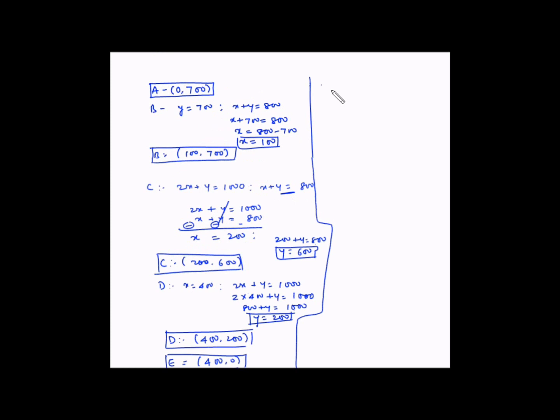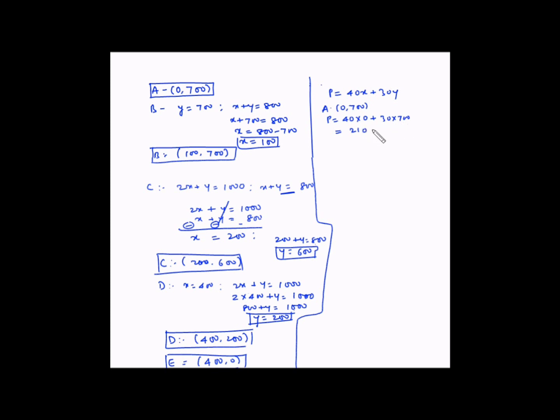So our objective function is P is equal to 40x plus 30y. So if we put the coordinates of A, which is 0 and 700, we get P is equal to 40 multiplied by 0 plus 30 multiplied by 700. 40 multiplied by 0 is 0. 7 multiplied by 3 is 21, and then we'll bring down all the zeros.